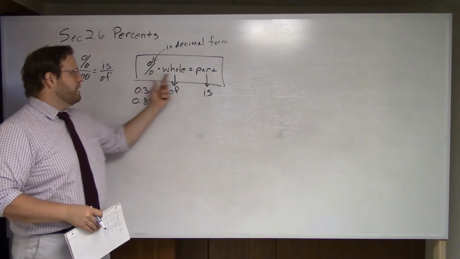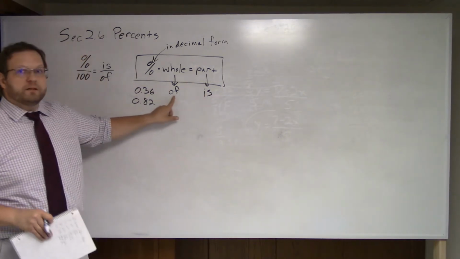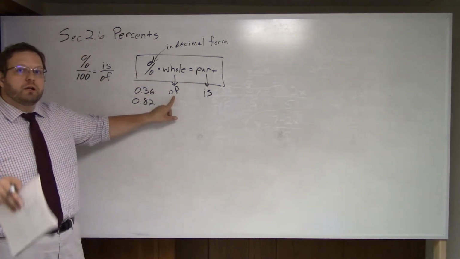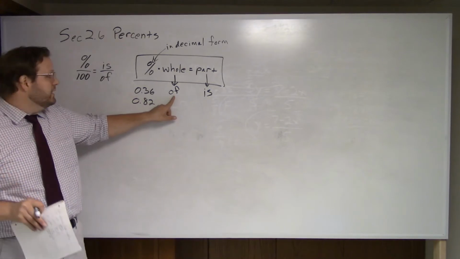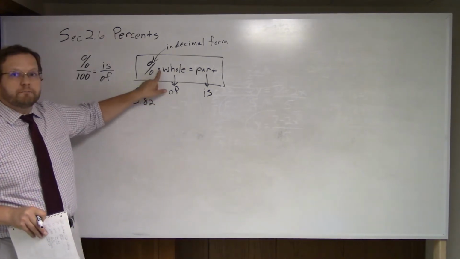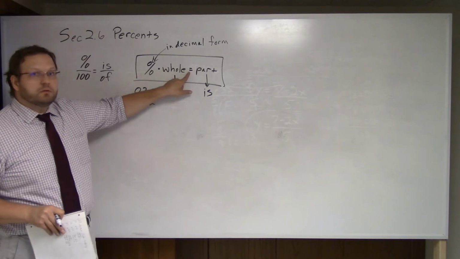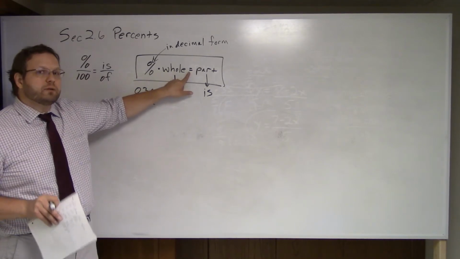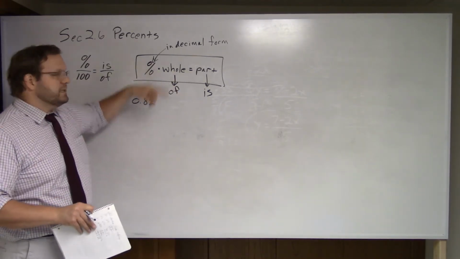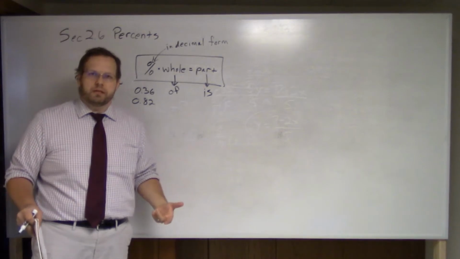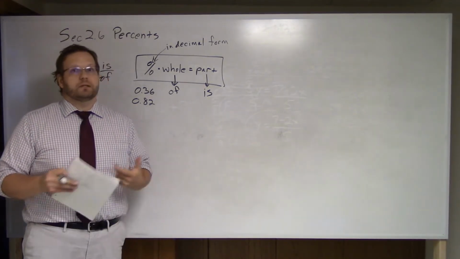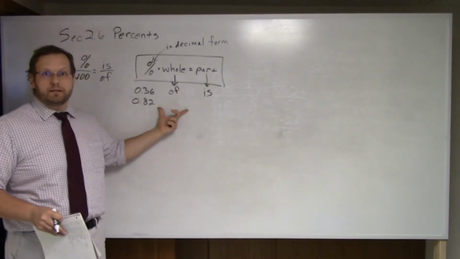You don't have to memorize this formula. Of, if you translate it into an algebraic or an arithmetic setting, of means multiply. Is means equals. So really this is a translation type problem. This isn't a, you got to just know the formula and plug it in. Translate the concept and you're going to be using this automatically.